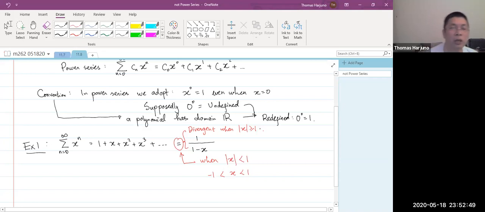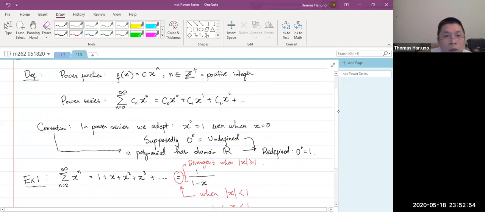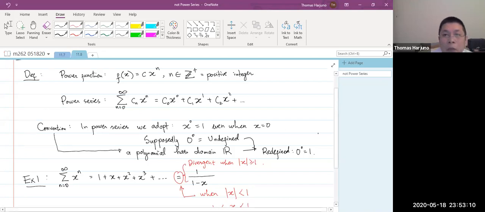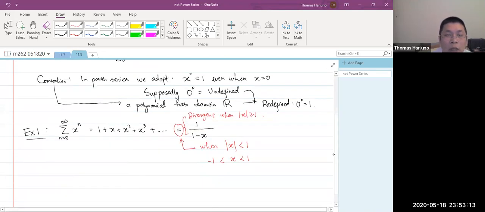What we will do here is we will observe some power series and see for what values of x the series will be convergent, and of course for other than that it'll be divergent. Okay, like what we have seen in this example 1 here, if I write it in a nicer way, this is equal to 1 over 1 minus x.